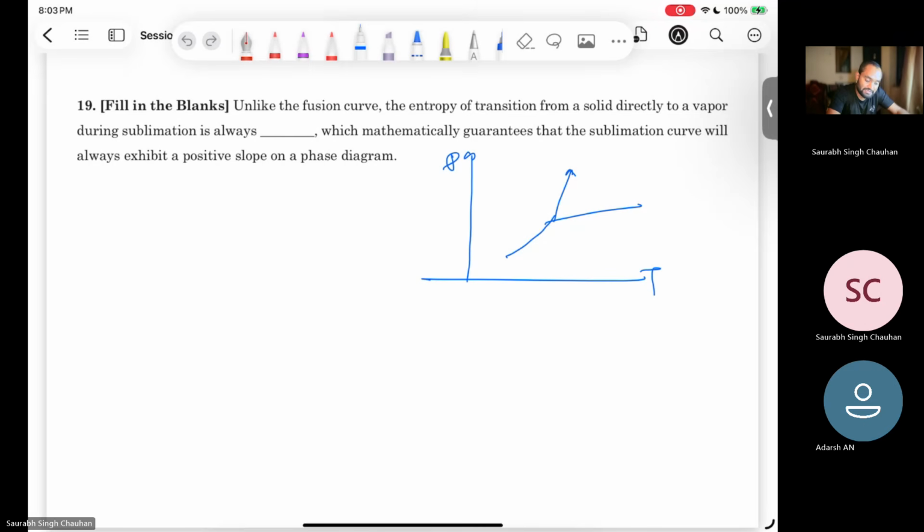The entropy change from solid to vapor should be equal to the enthalpy change from solid to vapor divided by temperature. This temperature is positive and this enthalpy is also positive, so this should also be positive.